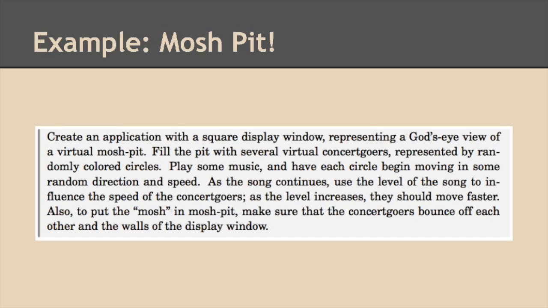We'll start some music, and then every circle will start moving randomly. As the song keeps going, the level or the volume of the song will influence the speed of the concert goers. And then they will careen off of each other and off the walls of the display window.